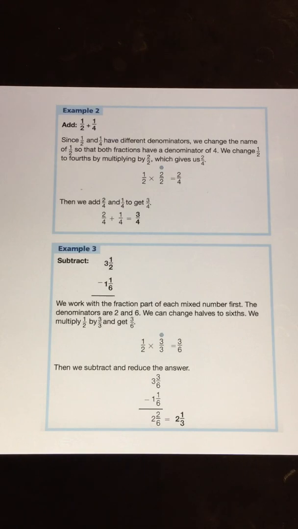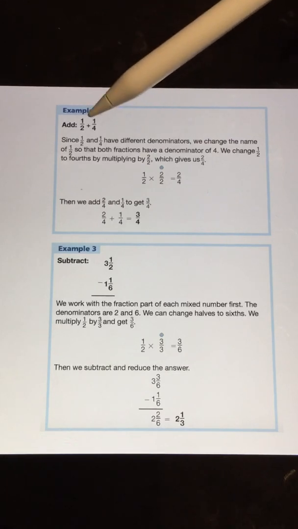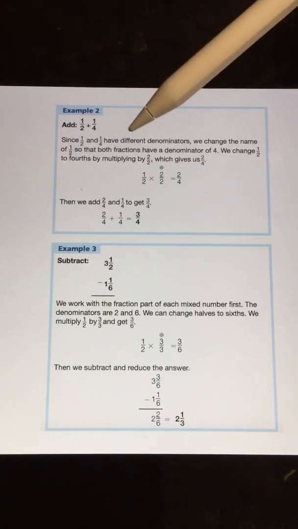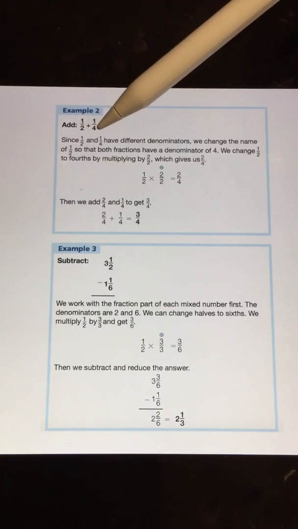All right, let's go to example 2. We have 1/4 and 1/2. All right, so since they have different denominators, one is a 2, one is a 4, we have to find the least common multiple of 2 and 4. Well, right away we know that 2 goes into 4.